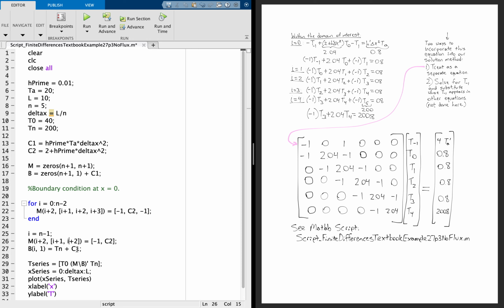That's the diagonal. And this is going to be negative 1, C2, and then B of I plus 2 comma 1 is going to be Tn plus C1. C1 is 0.8, Tn is 200. So that should work.